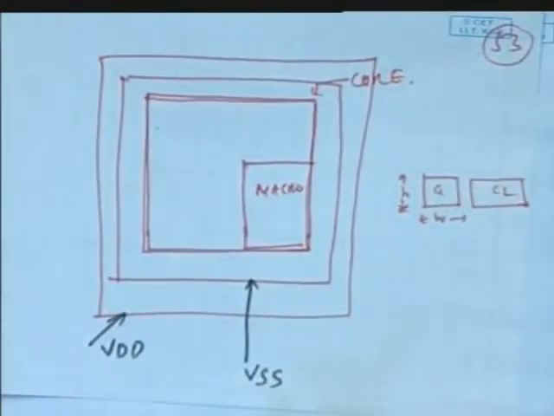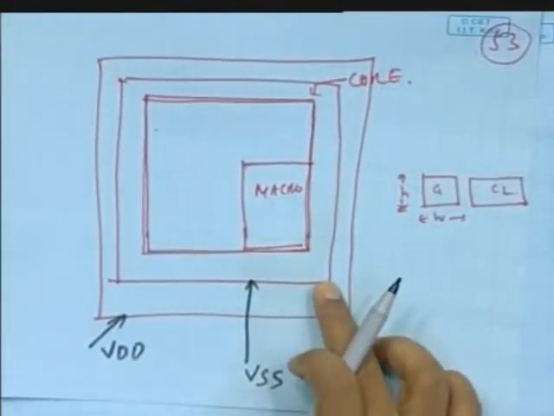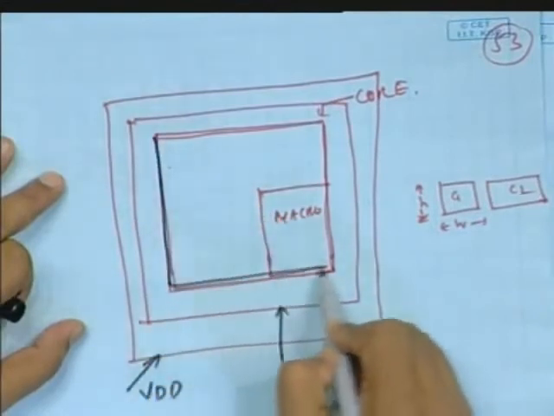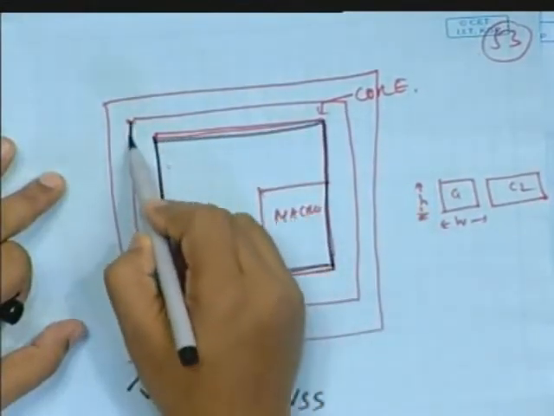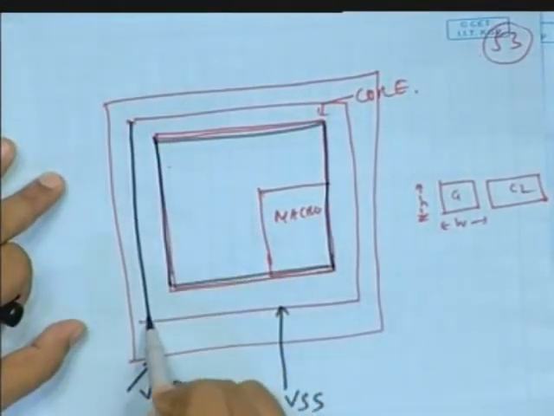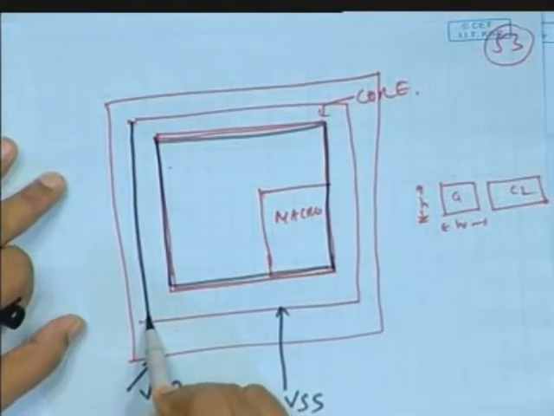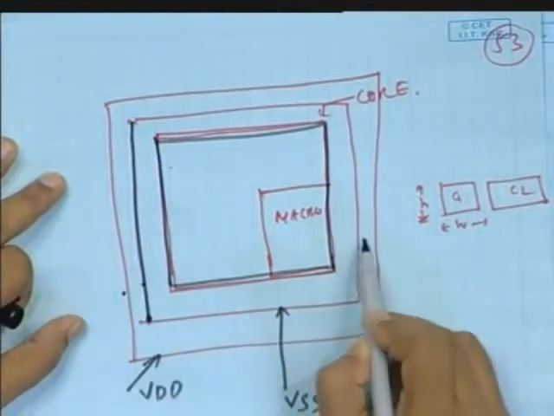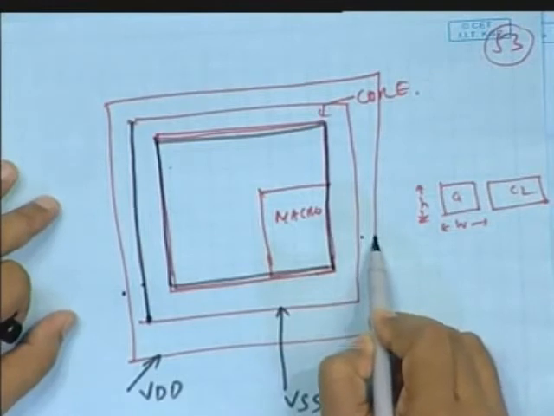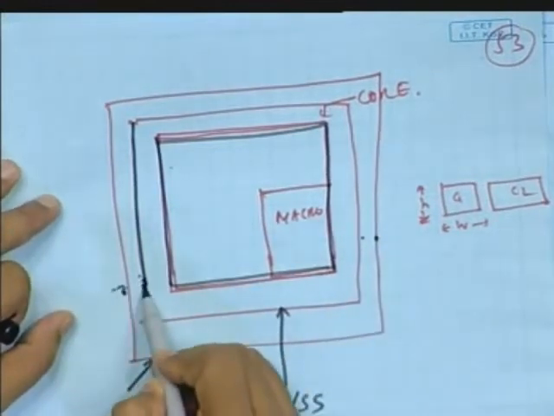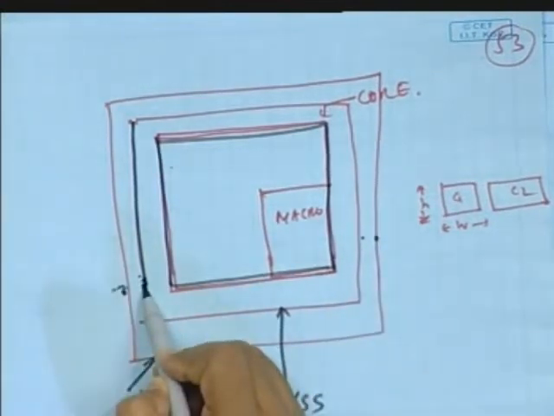When I draw it like this, the left side is routed through one particular metal layer, and this and this could be in a different metal layer, or this and this also could be in different metal layers. It depends on you and your experience what is to be done.